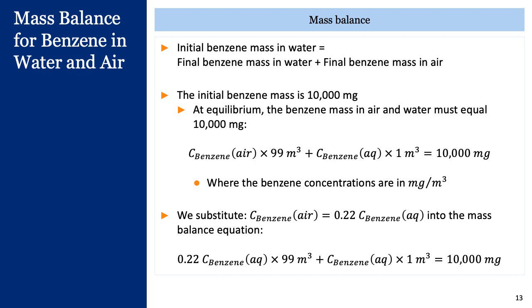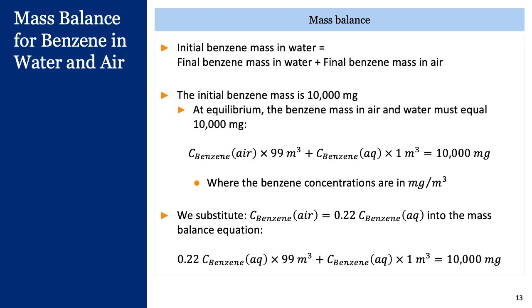The next equation shows how the benzene has now distributed between the air and water. The concentration of benzene in air, C benzene, times the 99 cubic meters that are air in the room, plus the C benzene in the aqueous solution times 1 cubic meter, which is the volume of water in the tank, must equal the 10,000 milligrams of benzene that you had in the water initially.